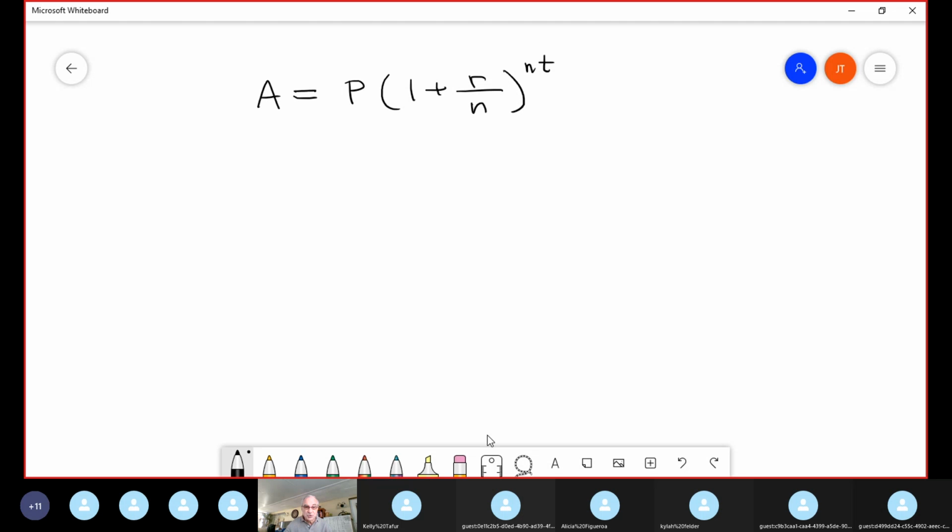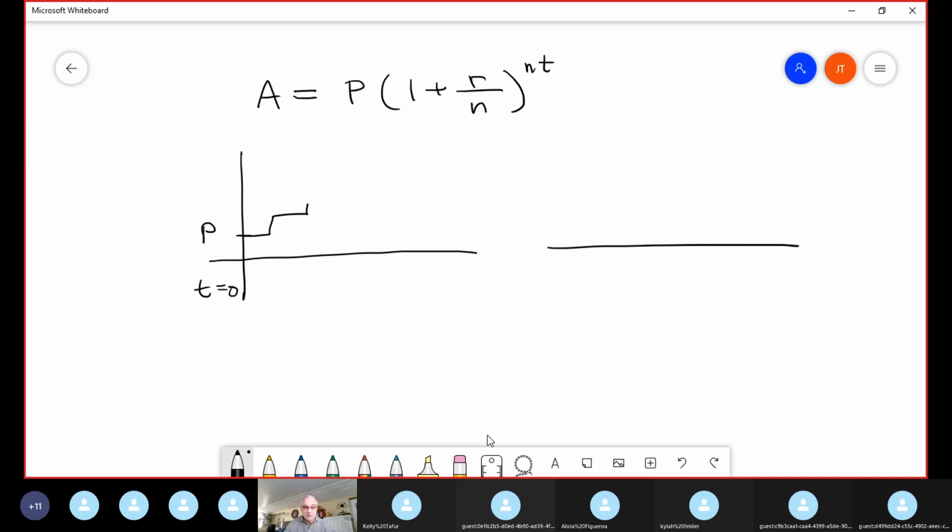The supposition behind this formula is that the money increases like stairs, with P at t equals 0.